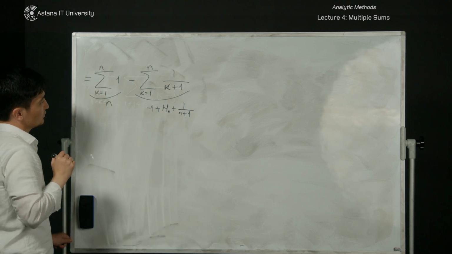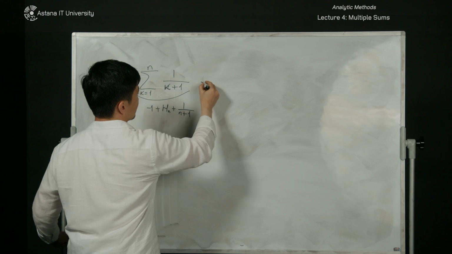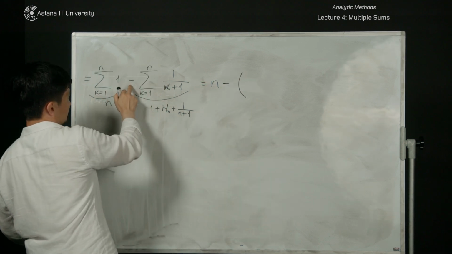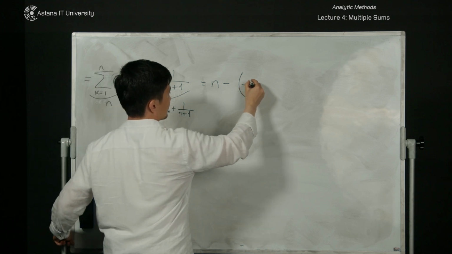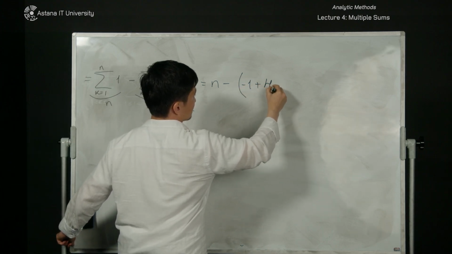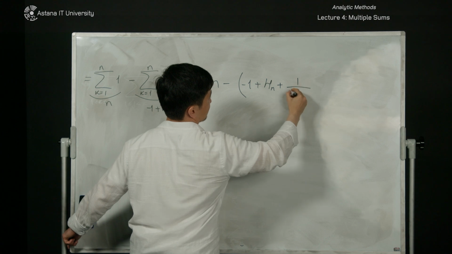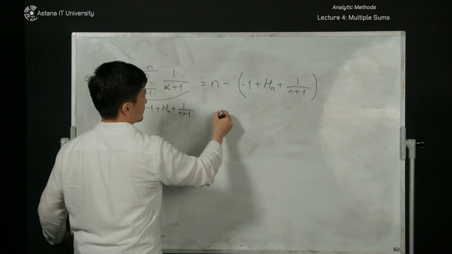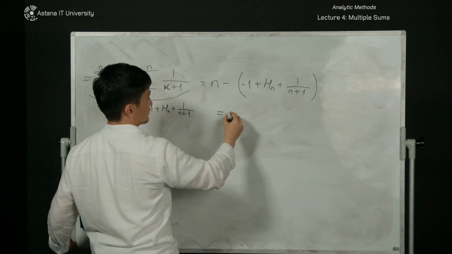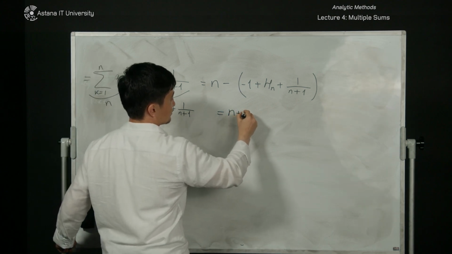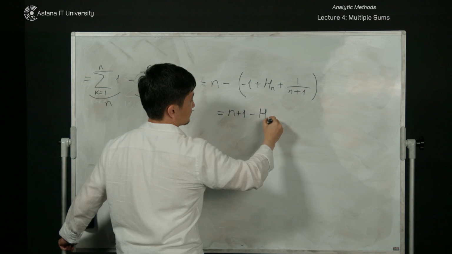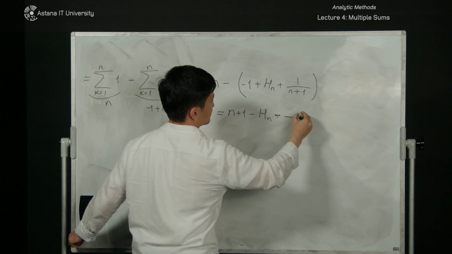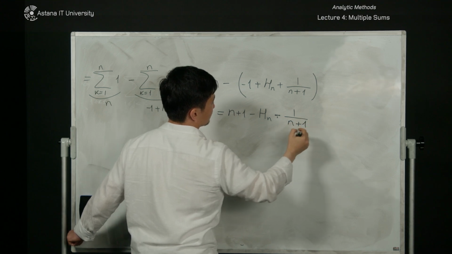Remember? And now what I'm going to write is n minus, so remember we have minus outside, and inside I will have minus 1 plus hn plus 1 over n plus 1. Now if I open this up, I will get n plus 1 minus hn and minus 1 over n plus 1.